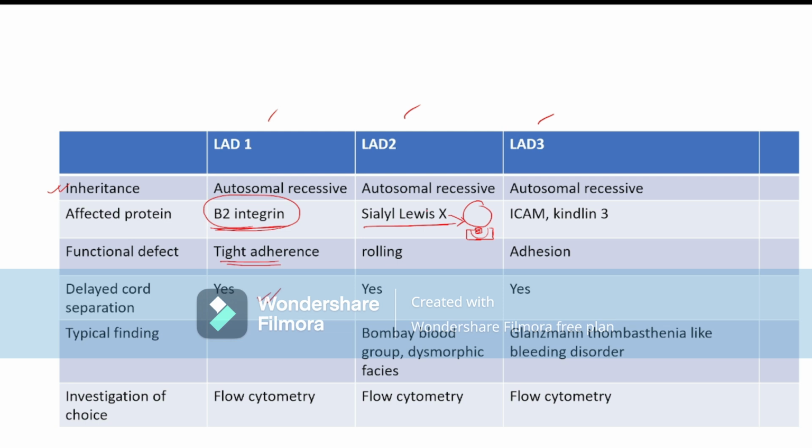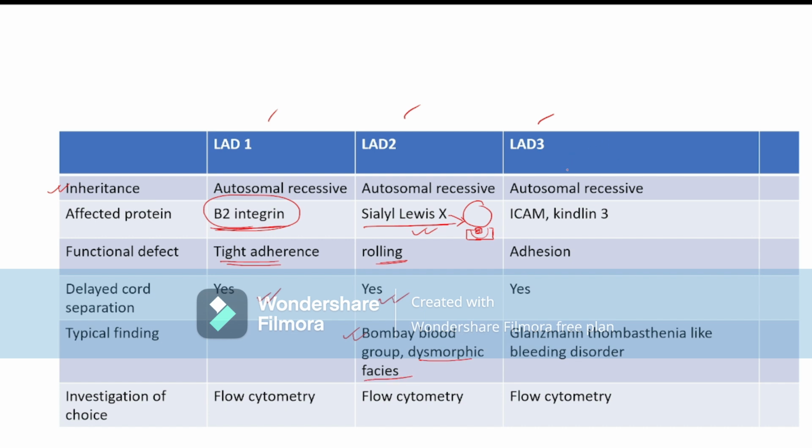As there is a problem in this protein, no rolling occurs in LAD2. There is also a history of delayed cord separation, and a typical feature is that Bombay blood group is found in this patient, and dysmorphic faces are also seen.